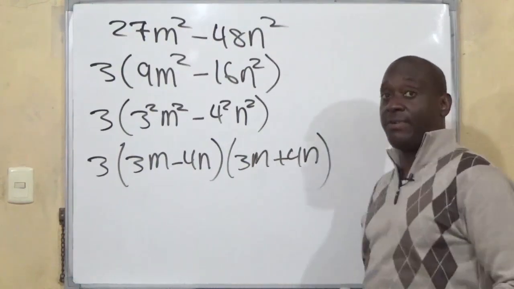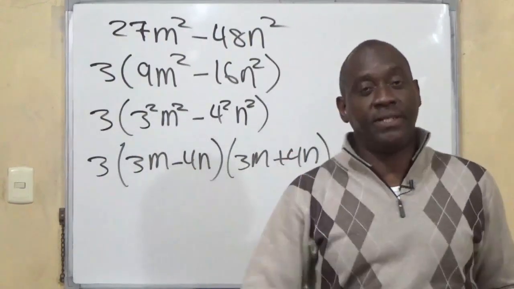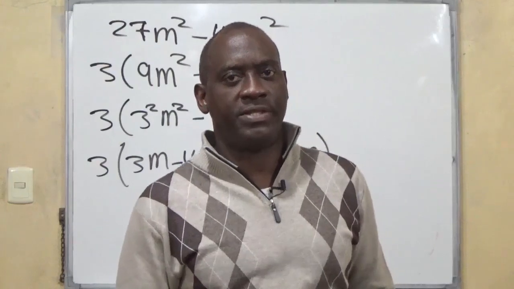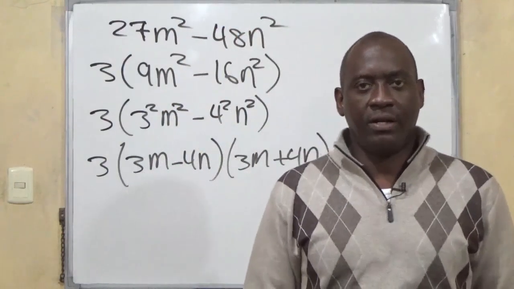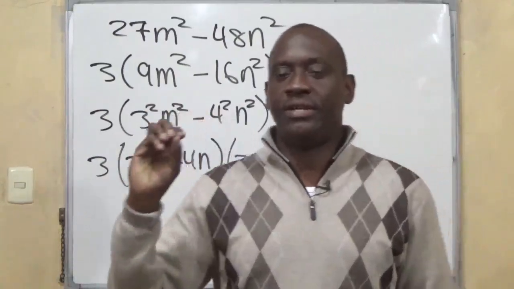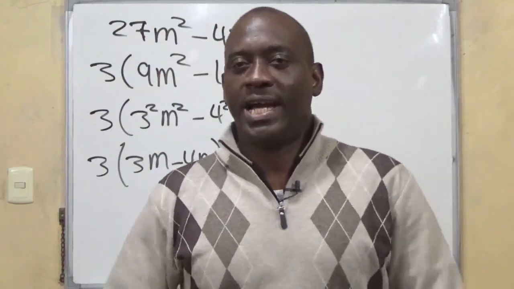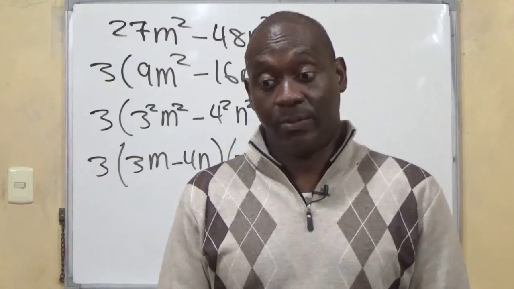So sometimes when you're factorizing, you will need to take out the common factor first before the difference of 2 squares becomes visible. Right? In the examples we have done so far, you could see the difference of 2 squares from the first line. And even if you didn't recognize one of these squares, you had enough to go on to do a little investigation and realize, hey, we have a perfect square here.